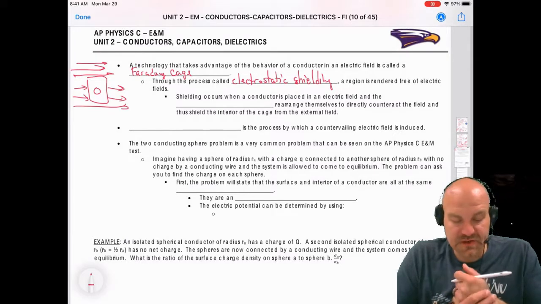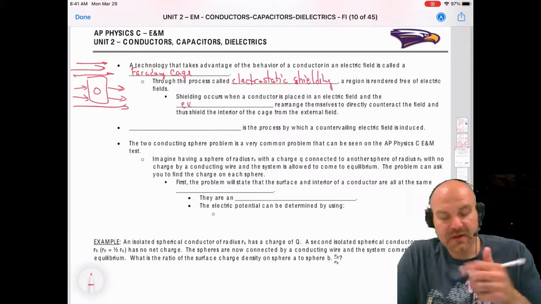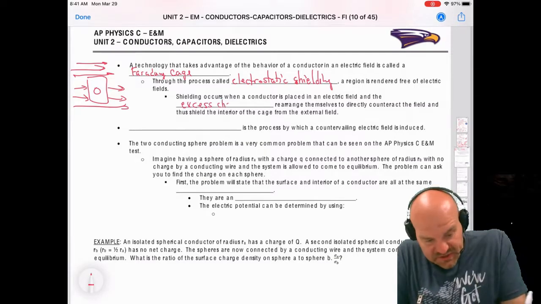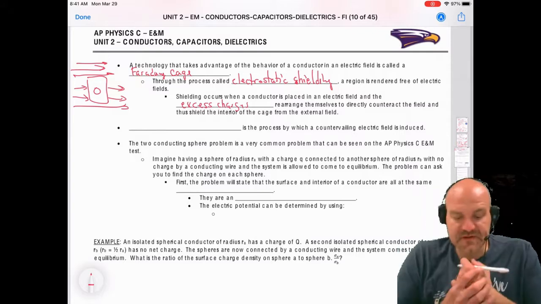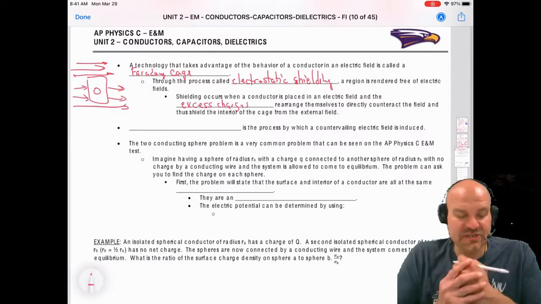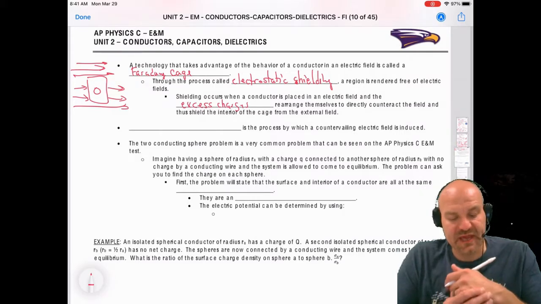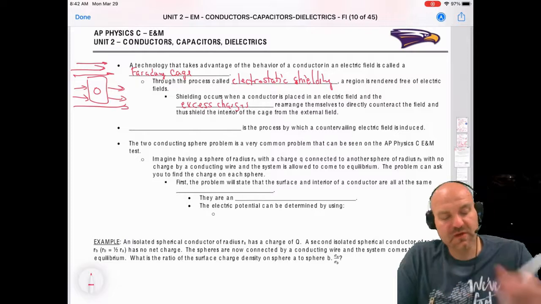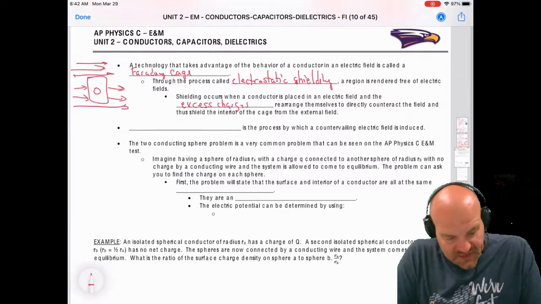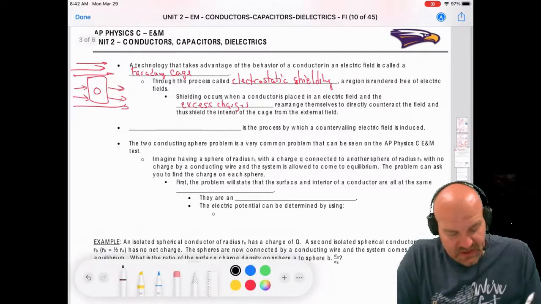Shielding occurs when a conductor is placed in an electric field and the excess charges rearrange themselves to directly counteract the field, and thus shield the interior of the cage from the external field. Basically it cancels out the electric field inside.